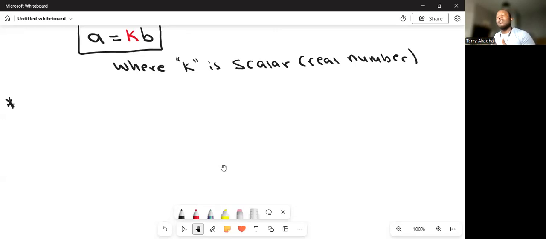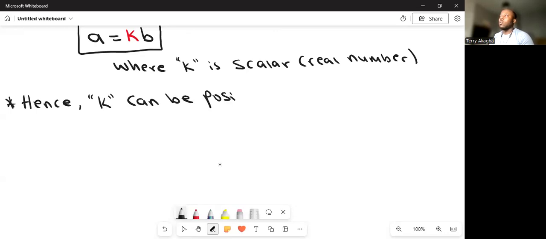If K is negative, it means that they are in opposite directions. If K is equal to 0, it means it's a zero vector. So hence K can be positive, negative, or 0.